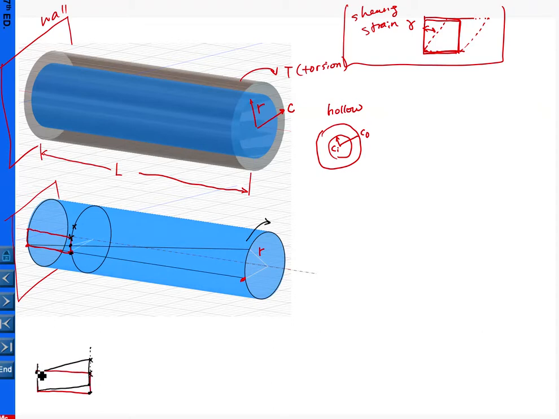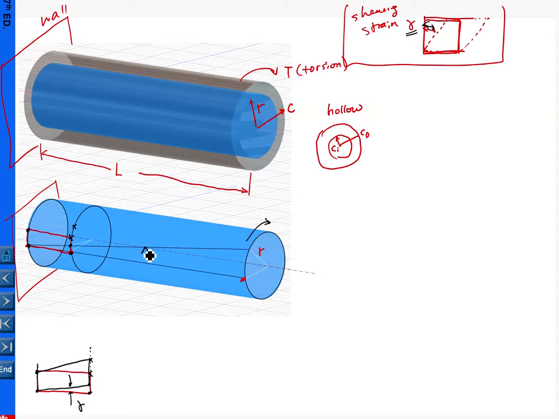And why does this point not move? Because this end is attached to the wall. Compared to the definition, the change in angle gives us the shear strain. From here, are you able to tell right away the change in angle of the patch?